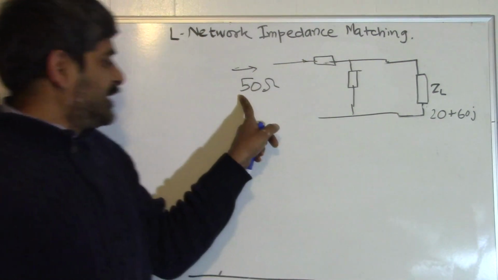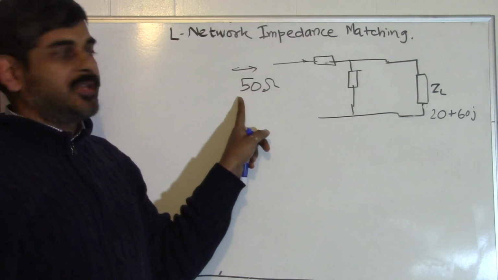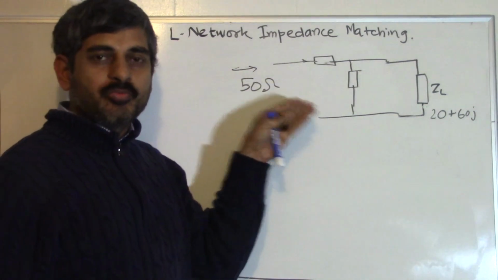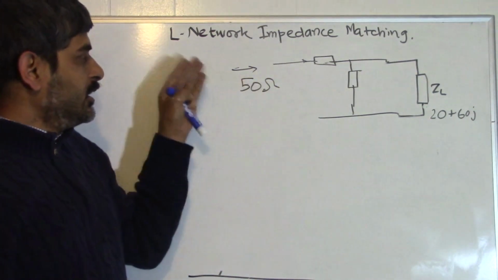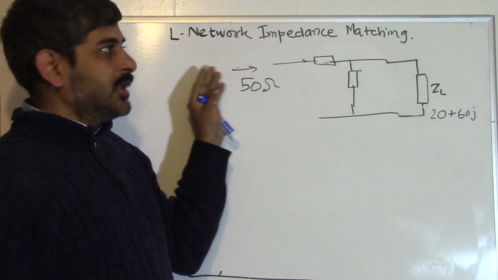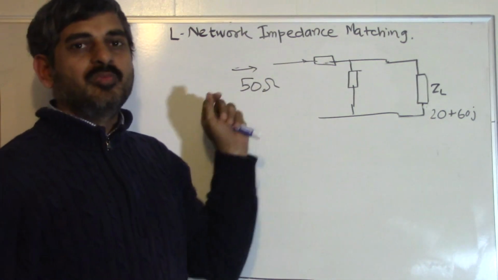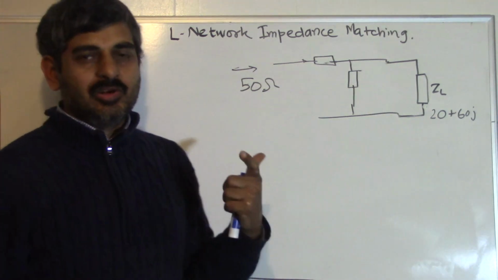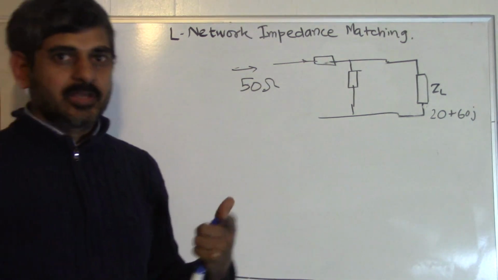You can ask a question: why only a 50 ohm source? In general, the impedance of the source driving this could be other than 50, including a complex source.